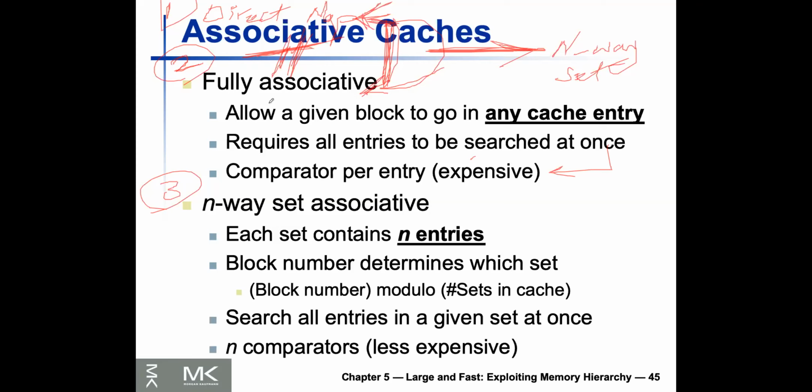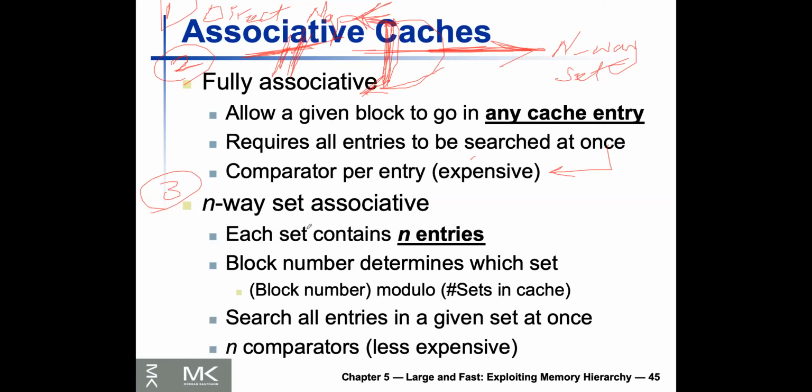Now, instead of allowing any entry as in fully associative, you have only n entries to search. It's not fully associative, it's n-way set associative, and that's why the name resembles it: instead of full, it's n-way set. Depending on the n, you have a different number of entries.